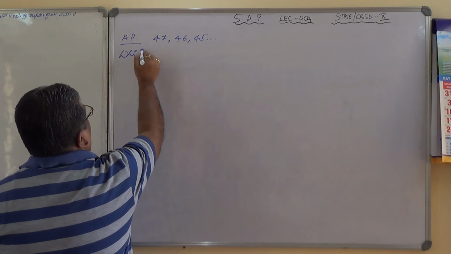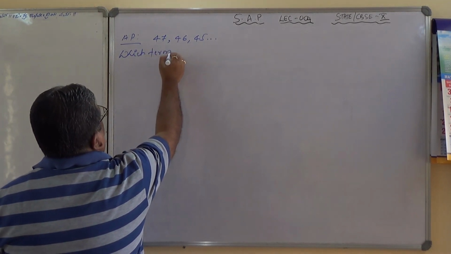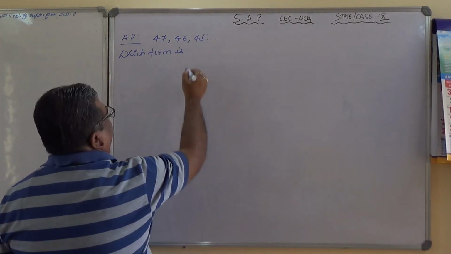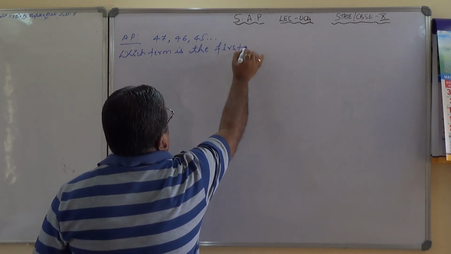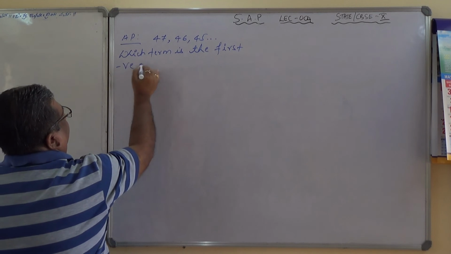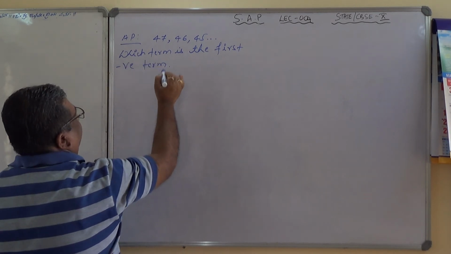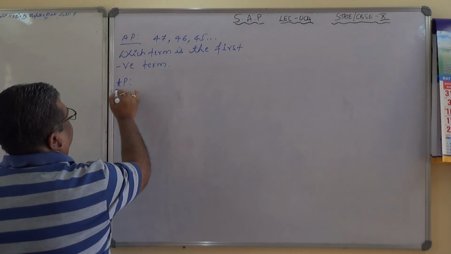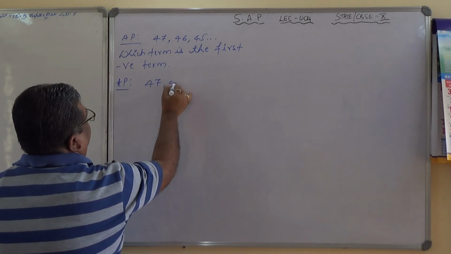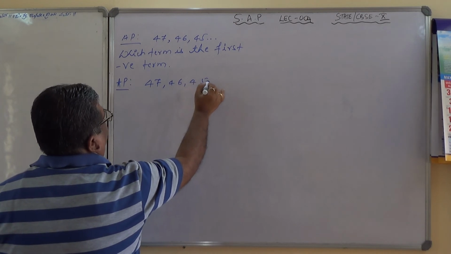Question is, which term is the first negative term? So let us solve this. AP given to us is 47, 46, 45, dot.